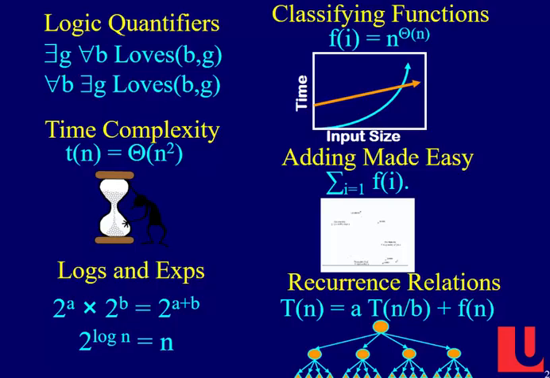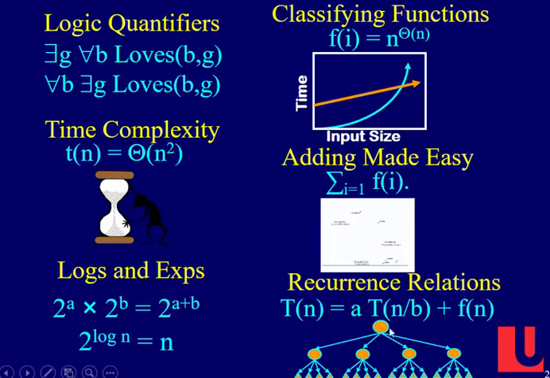Recurrence relations, you should be able to solve. I'm given an input of size n, and I want to know how long me and my friends are going to run. I have a friends, and each friend is given an input of size n over b.